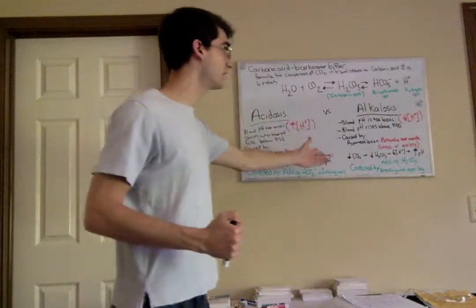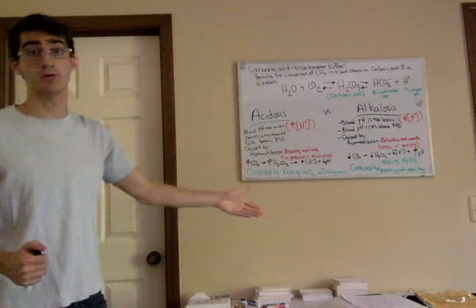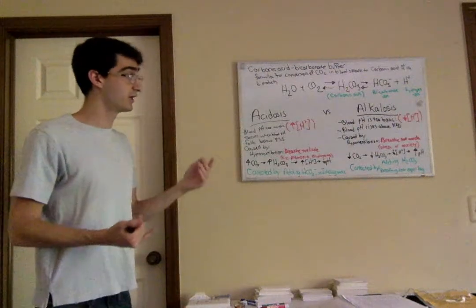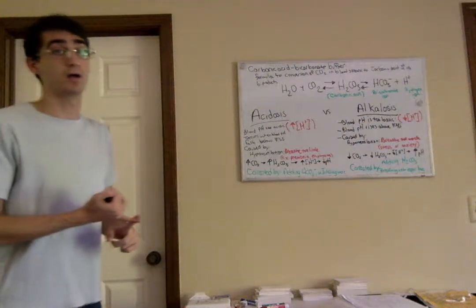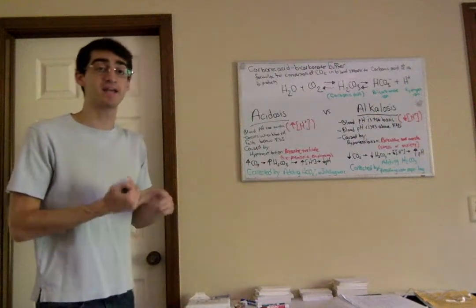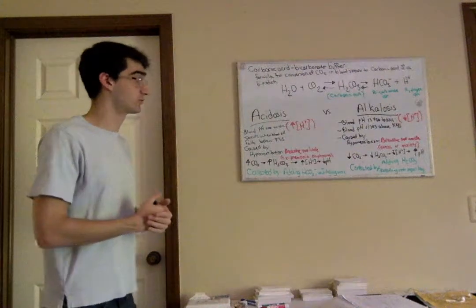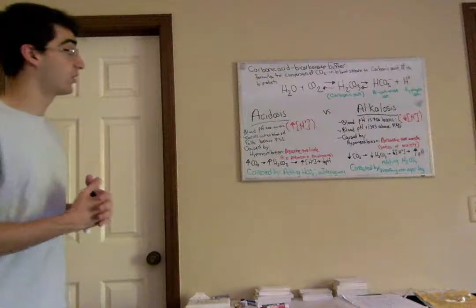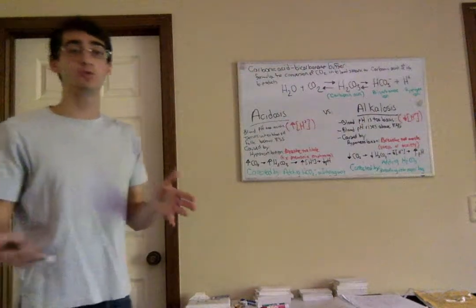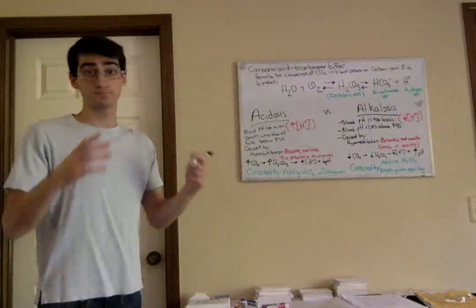So now, what can correct alkalosis? It can be corrected by adding carbonic acid, adding H2CO3 to your buffer solution in your bloodstream, and also breathing into a paper bag. Think about it.